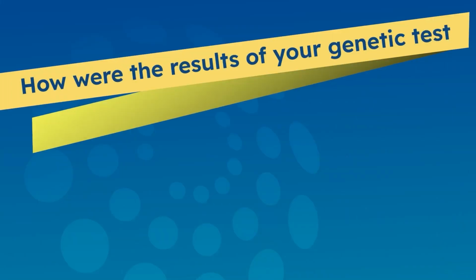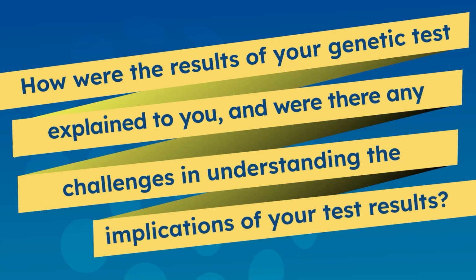How were the results of your genetic test explained to you? And were there any challenges in understanding the implications of your test results? The genetic counselor explained the results of being positive and told me that a positive test result for Lynch syndrome isn't necessarily a positive result for cancer.